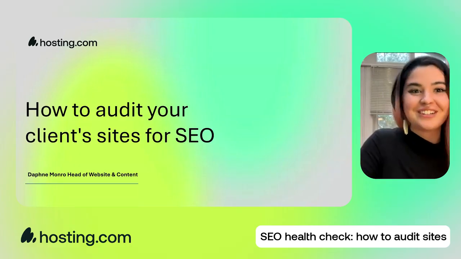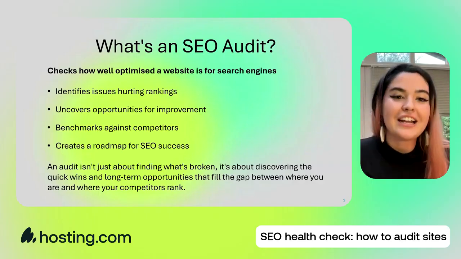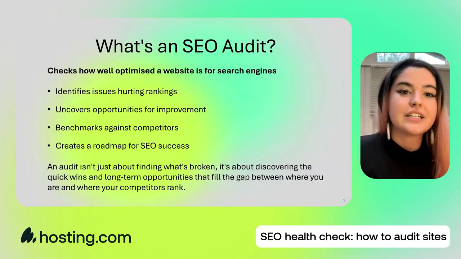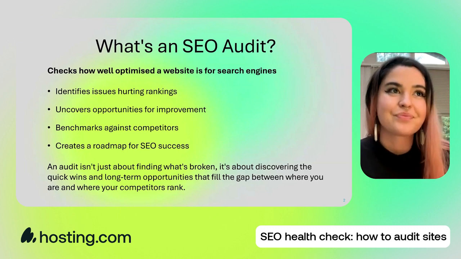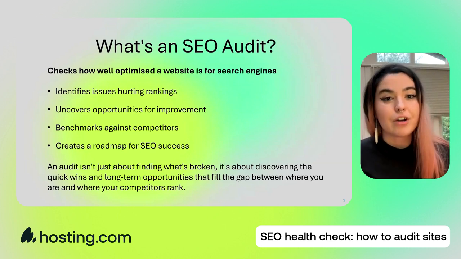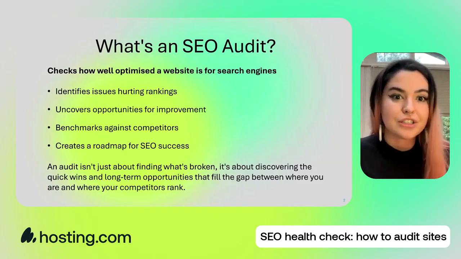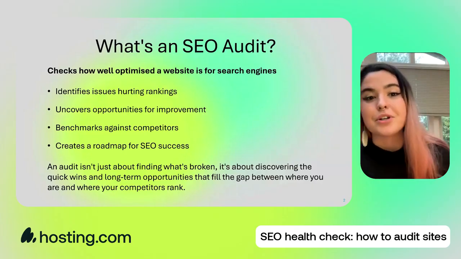I'm going to make sure that my screen works. So what is an SEO audit? The audit is this initial phase. So this is going to be before you begin any work, and it's going to help you prioritize what you need to do from an SEO perspective. So we can see things that are hurting our rankings. So this is things that could be blocking crawlers from getting the most from our content. It could be finding new opportunities.